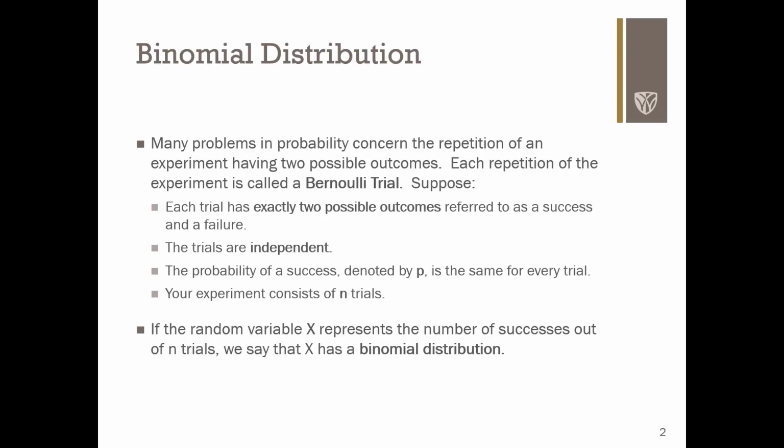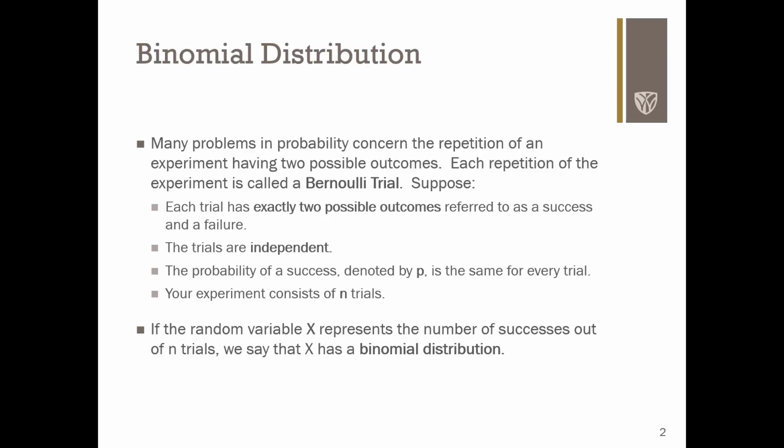So we have our trials. The trials are independent. We execute the trial n times. We have a success that we're interested in, and we assume that the probability of success remains constant. So it's not changing over time, or it's not changing from trial to trial. So the probability that you land on heads when you toss a coin is always 50%.